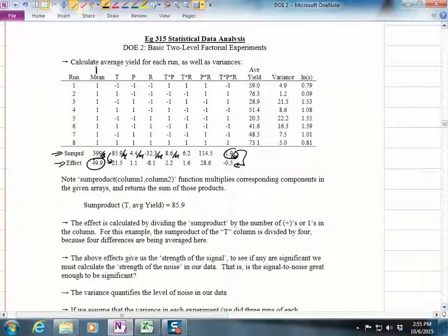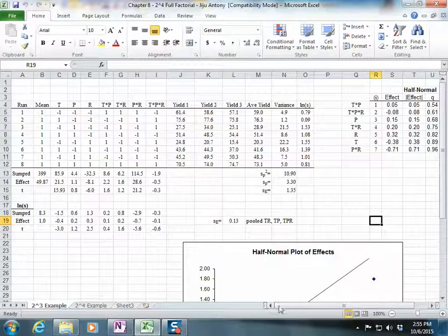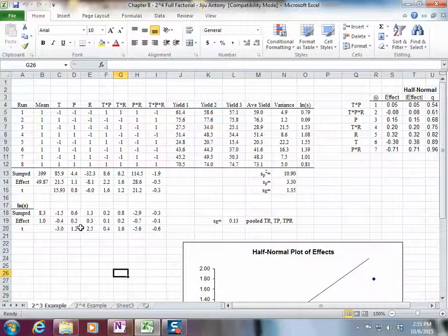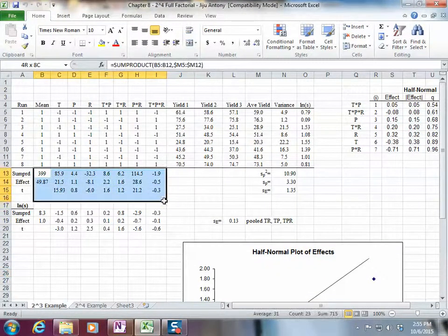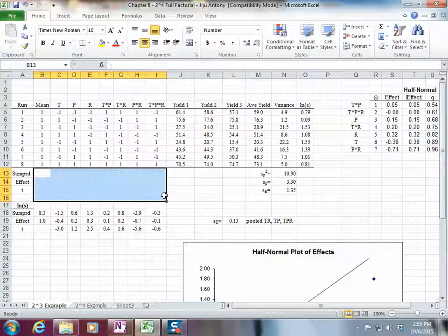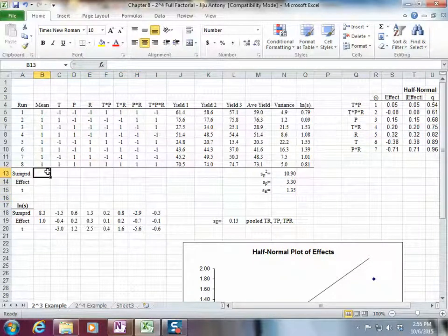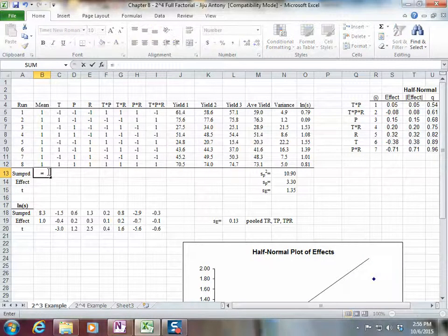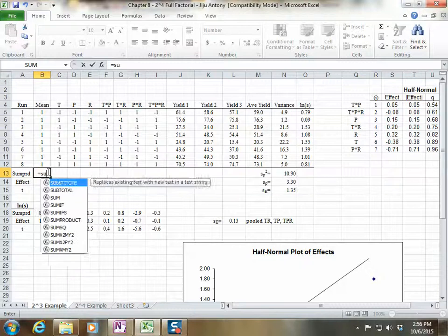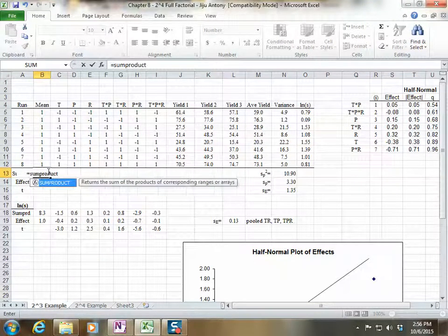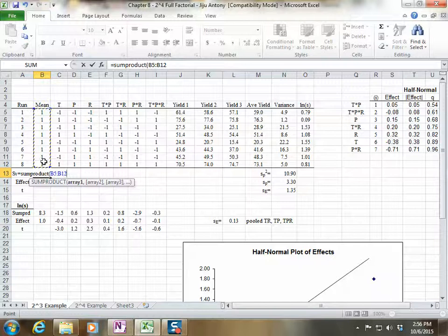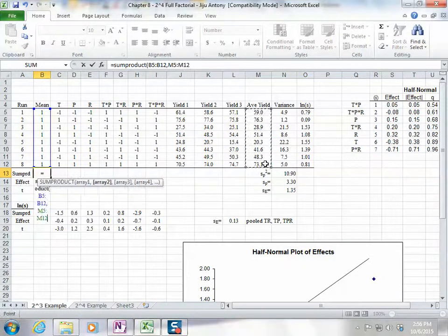Okay, here's Excel. I've got this very thing in Excel that I did previously. Let's just get rid of this. So what you do here is type sum product, then highlight this, hit comma, and highlight this.